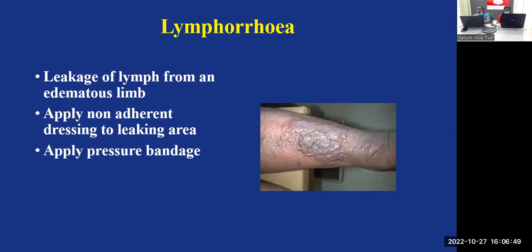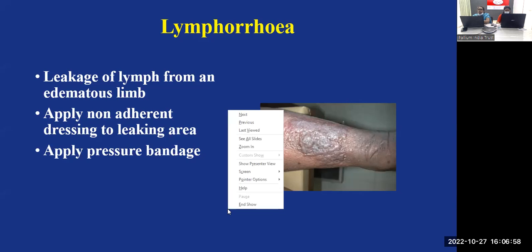And the other complication is lymphorrhea, oozing out or leakage of fluid from the lymphedema site. Again, the management: if they have cellulitis, you don't apply any bandage or massage on the affected area. But in case of lymphorrhea, which is the leakage of lymphatic fluid from the edematous site, you can apply bandaging.